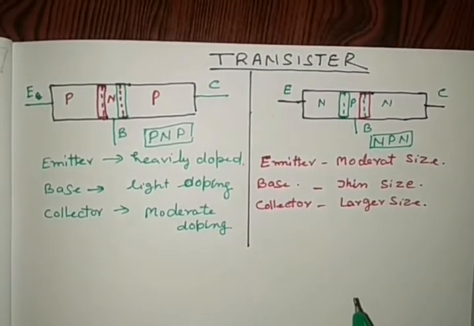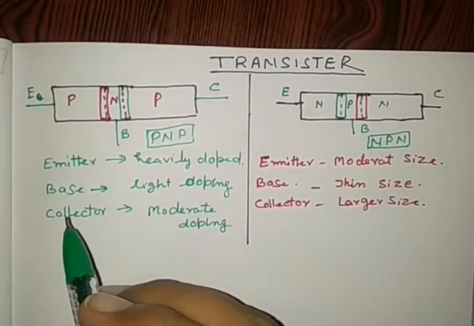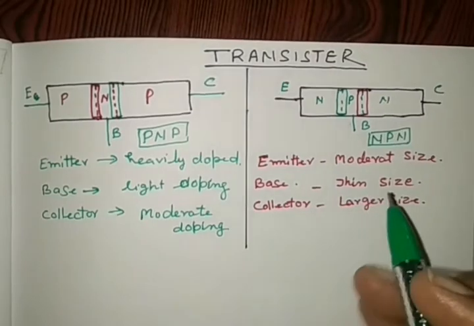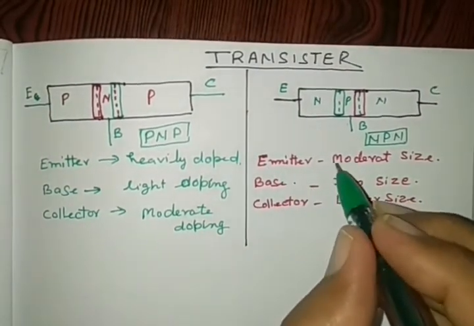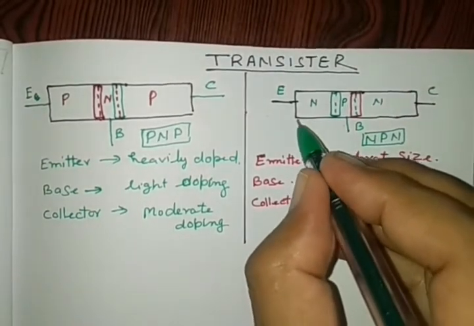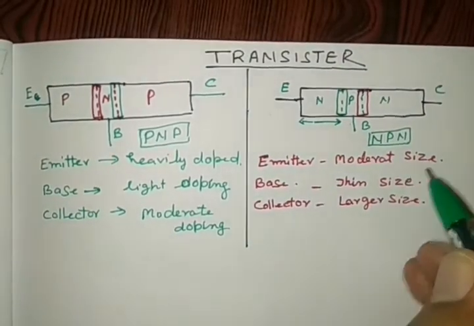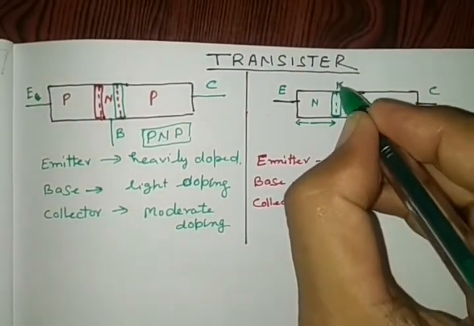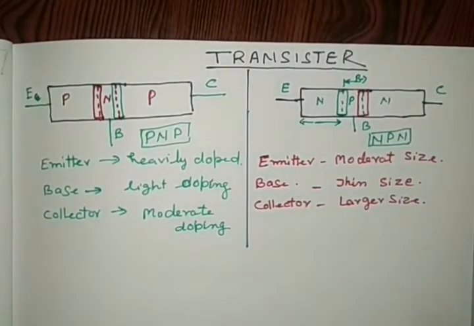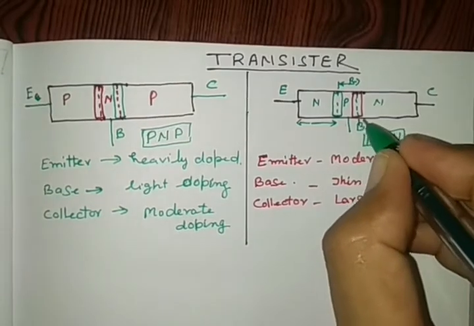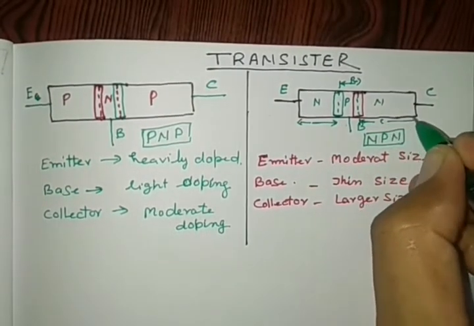These P type or N type semiconductors are taken in such a way that they have this property. The emitter has a moderate size. See, this is the size of the emitter. The base is thin and the collector has the largest size.